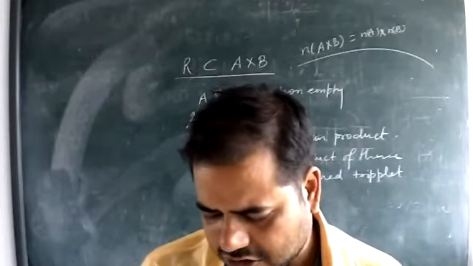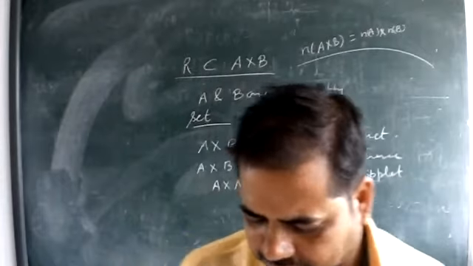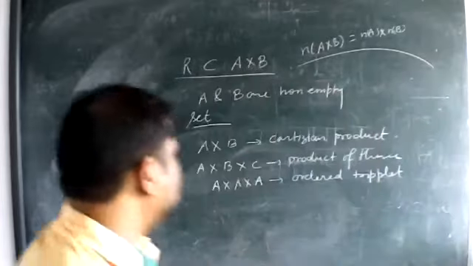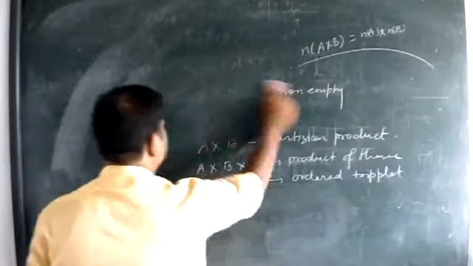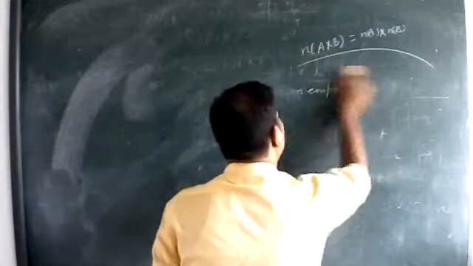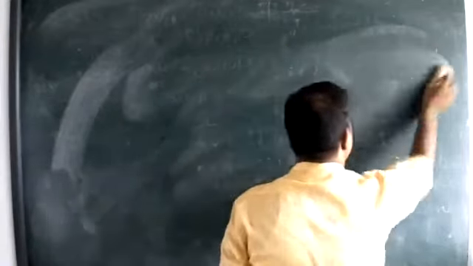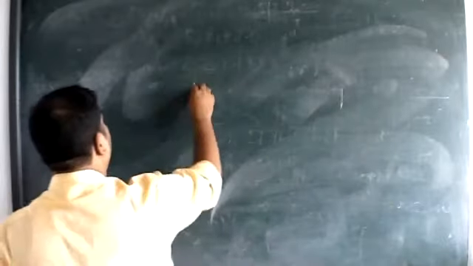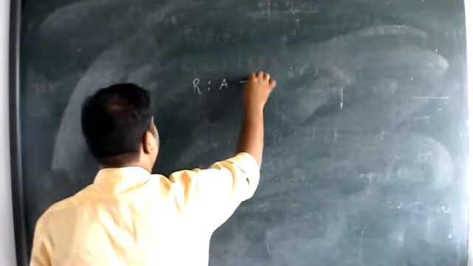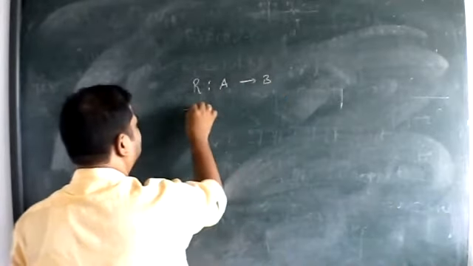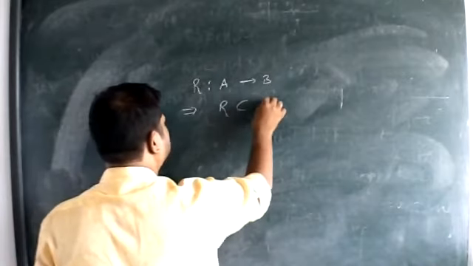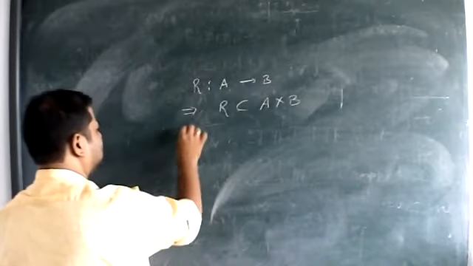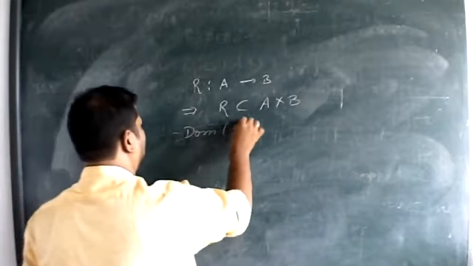Now, domain, codomain and range of a relation. आपको पता है रिलेशन क्या होता है? Relation is a subset of A cross B. If we want to write a relation from A to B, symbolically R from A to B, this implies R is a subset of A cross B. What is the domain of R?